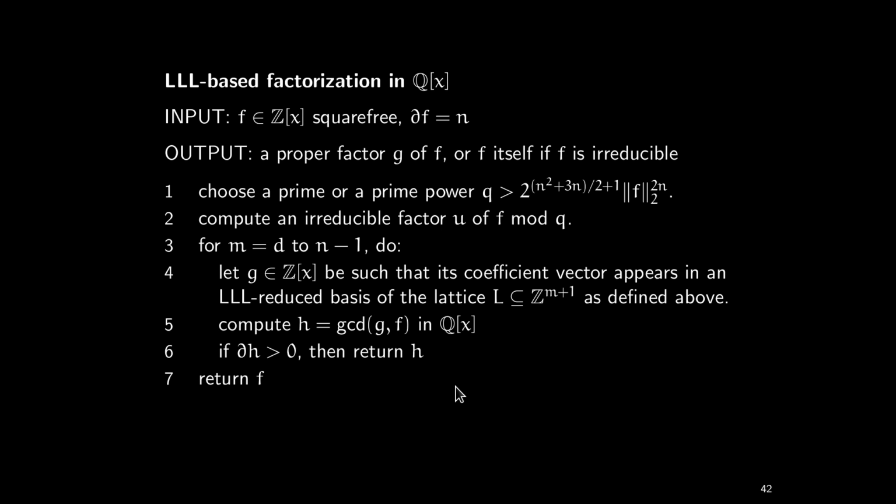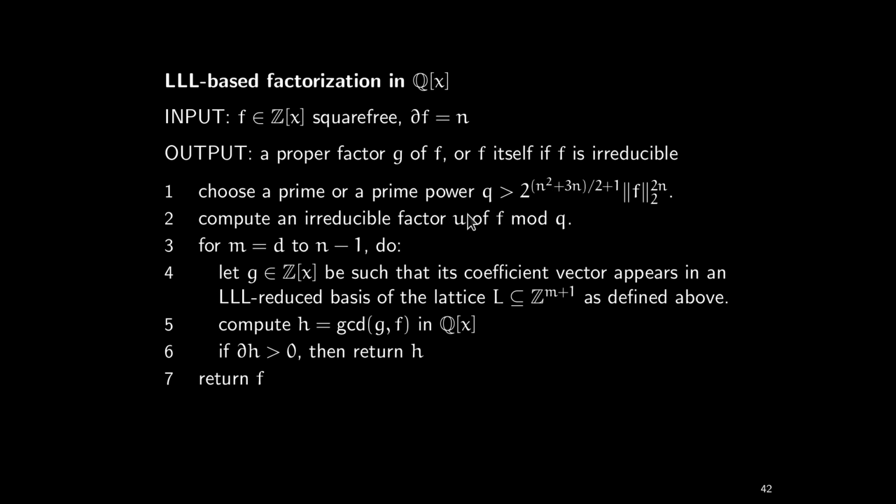that is based on LLL. So it takes a square-free polynomial as input, and it has degree n, and it returns either a proper factor of f or again f itself if f is irreducible. So you start by choosing a sufficiently large prime, and this is the formula that says it's sufficiently large.